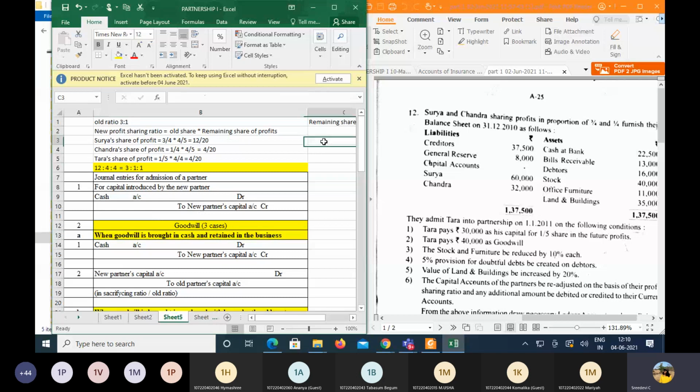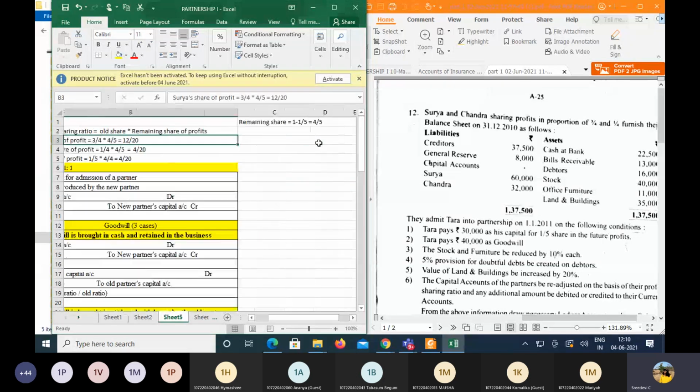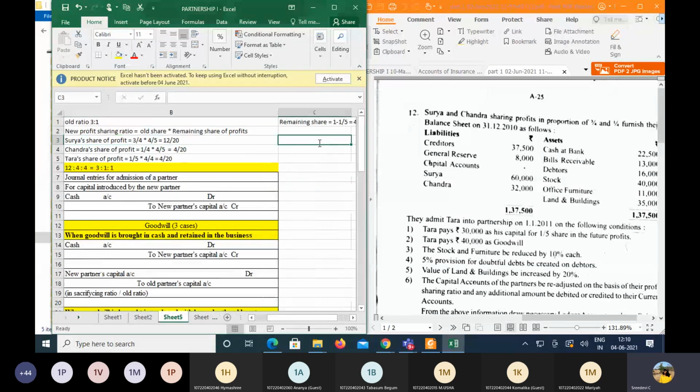Now what we need to do here is further calculation of the capitals.